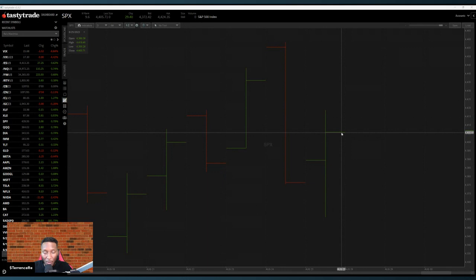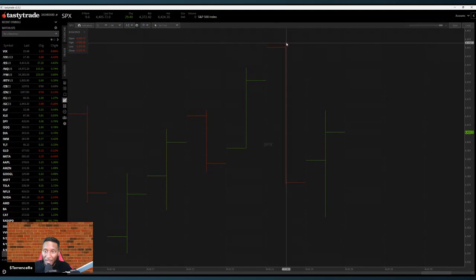And so it closed higher than it opened. So it closed at $4,405.71. Now, that's why you see it being green, because it closed higher than it opened. If we go the day before, we'll see that it opened here.